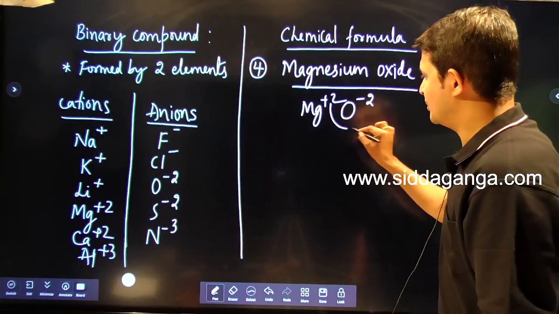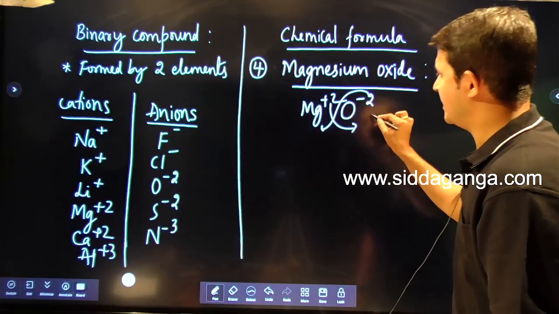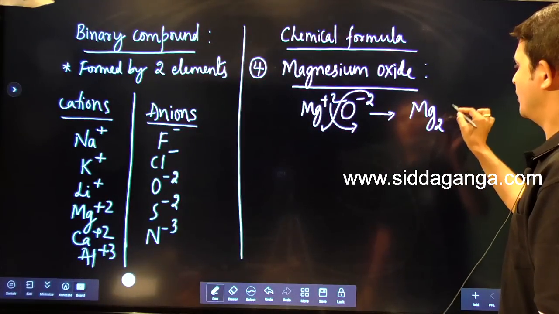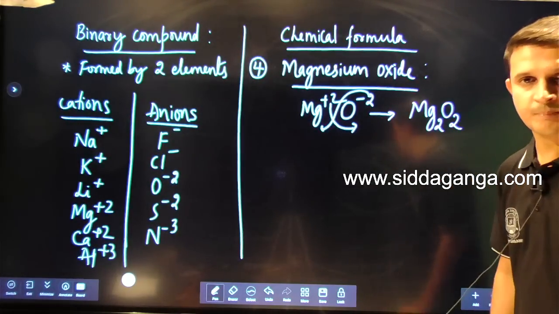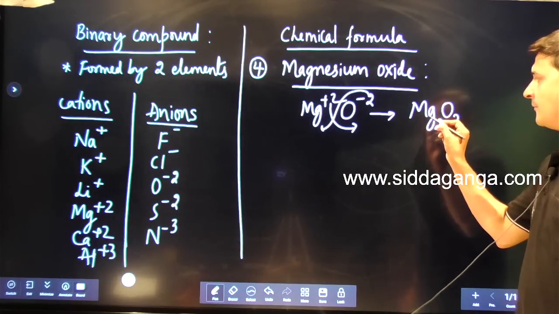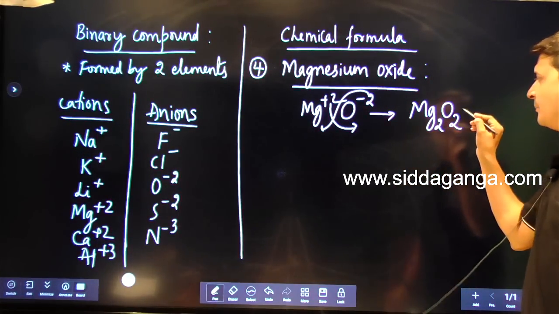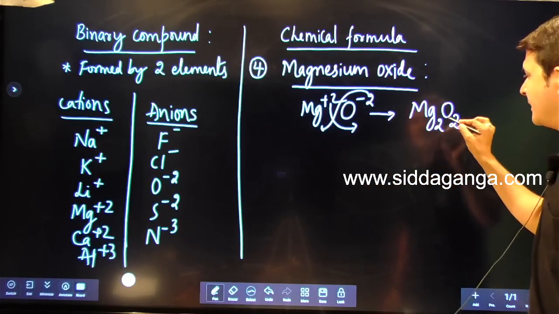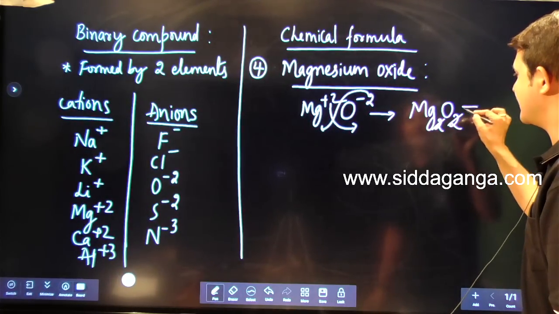Plus 2 charge here, minus 2 here, giving Mg2O2. Two atoms of magnesium combine with two atoms of oxygen, where the 2 and 2 can be cancelled.